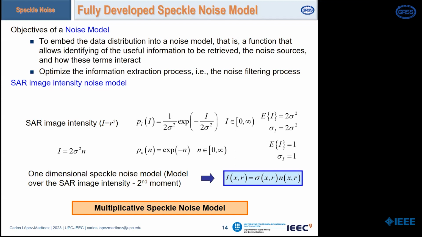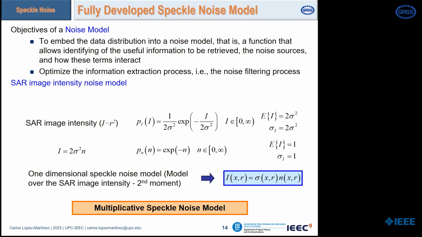So I cannot fight speckle noise through increasing power, because the signal to noise ratio is constant. Therefore, I need a second way to remove that noise, and this is the filter. This is what we call the multiplicative speckle noise model.